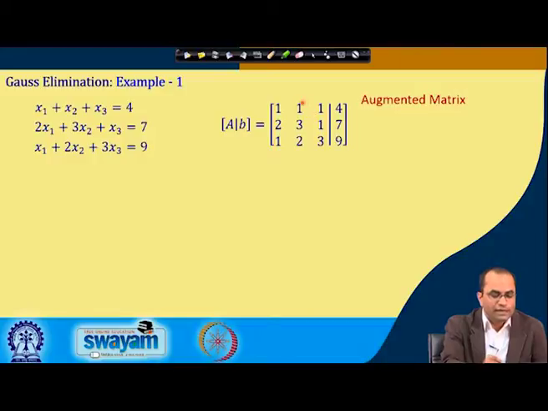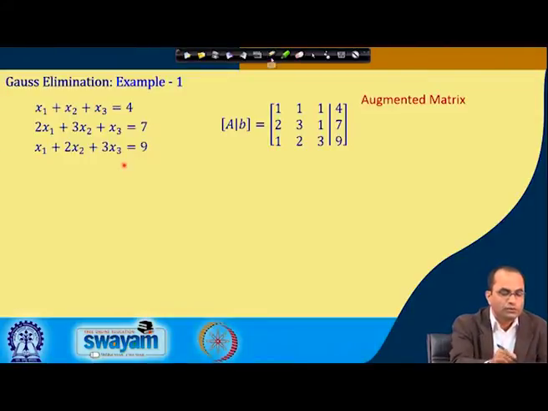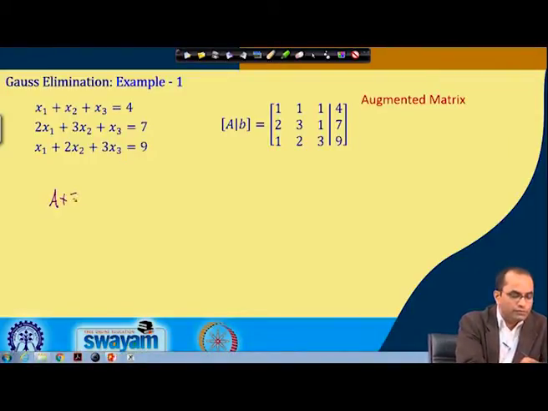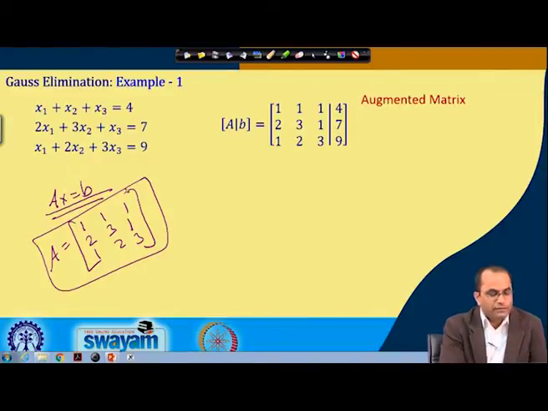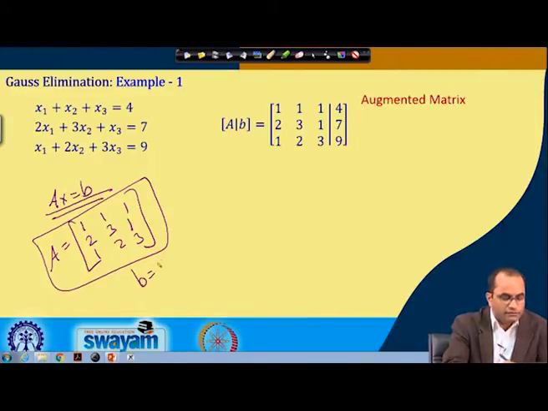We have the coefficient matrix A, if we write the system of equations in the form Ax equal to B. In this case A is 1 1 1, then 2 3 1, and 1 2 3, and the right hand side vector is 4 7 9.